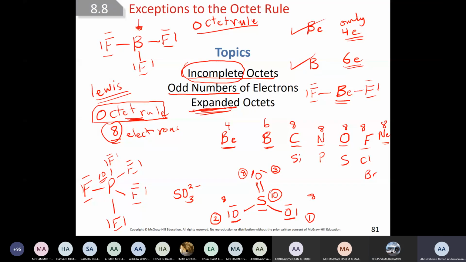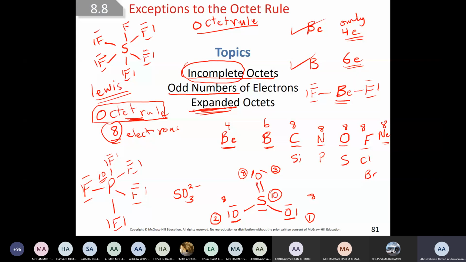Okay, let me give you also another example. How about if we have S, F, F, F, F, F, F. This is the structure of SF6.